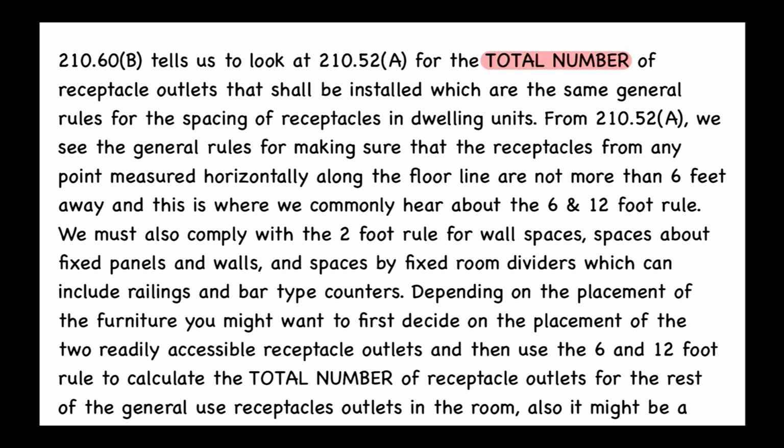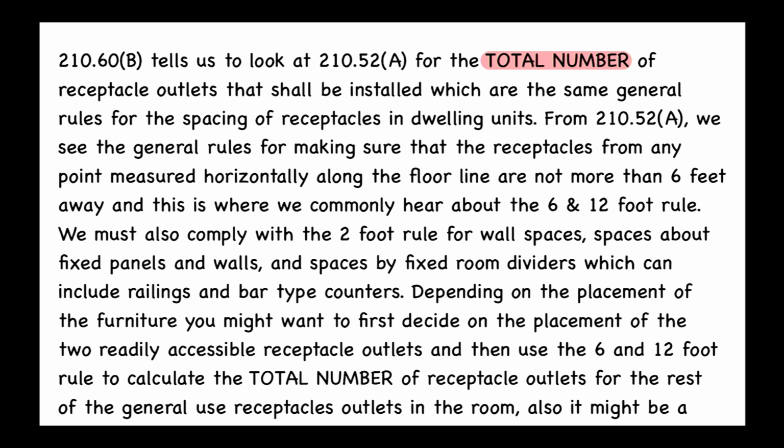It tells us to look at 210.52(A) for the total number of receptacle outlets that shall be installed, which are the same general rules for the spacing of receptacles in dwelling units. From 210.52(A), we see the general rules for making sure that the receptacles, from any point measured horizontally along the floor line, are not more than 6 feet away.